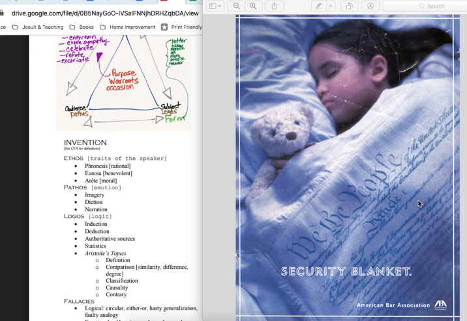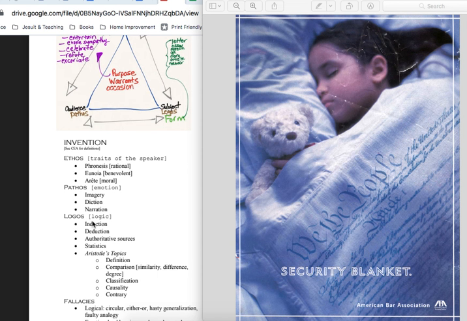So we've got a logical movement going on. And there's also some other logic: a blanket is analogous to the Constitution. It gives us comfort. So in terms of the rationality of the argument here, we're making an analogy argument.